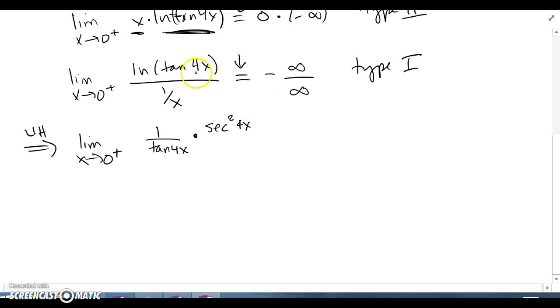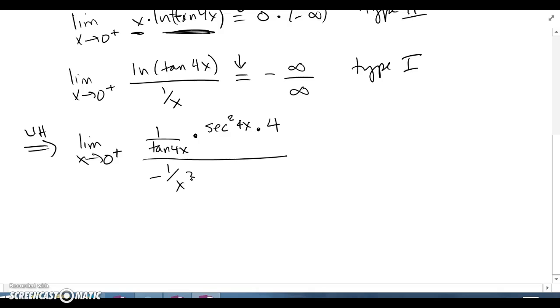And since the argument of tangent is not just an x but a 4x, I have to pop out another chain rule, which is the derivative of 4x, which is just 4. So 1 over box times the derivative of box, and that in itself has a box of its own, which pops out another 4. All over the derivative of the bottom, which is negative 1 over x squared.